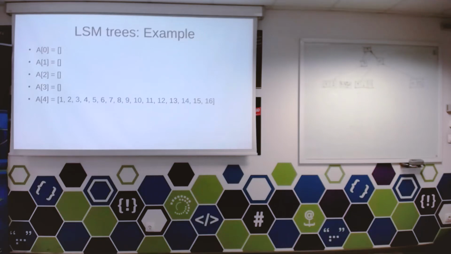Because in a B-tree, inserting a single value takes depth I/Os. In an LSM tree, inserting a single value takes log n divided by B I/Os on average, because you store them block by block, because you store a whole block of values at once. Well, unlike this example.